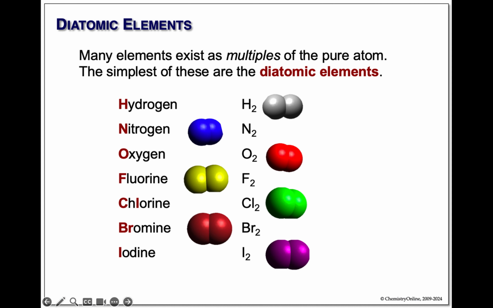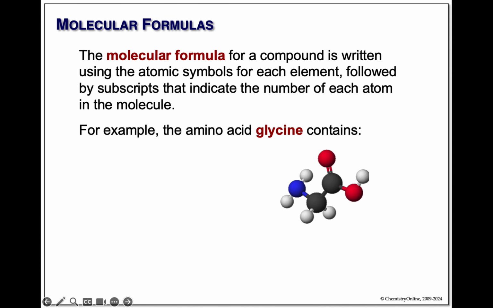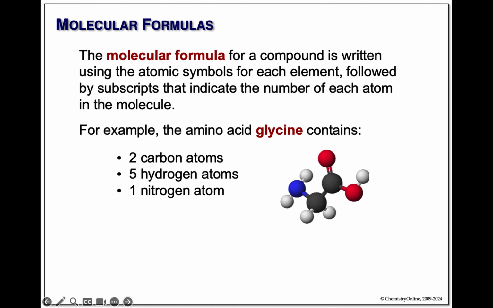Molecular formula. We use the atomic symbol for a compound, just as an abbreviation of what it is. Again, this is glycine. This has 2 carbons, 5 hydrogens, 1, 2, 3, 4, 5, 1 nitrogen, and 2 oxygen. Now you can see the double bond.